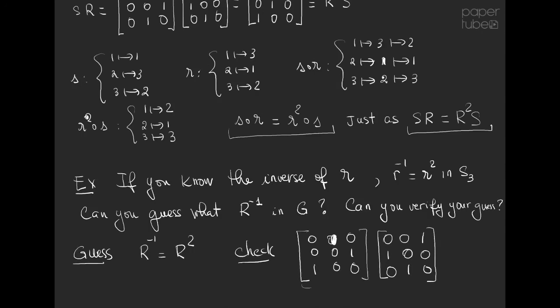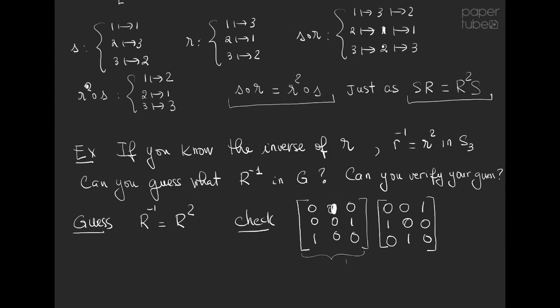This will be R squared, right? And this here will be R. And you should check that you'll get the identity matrix.